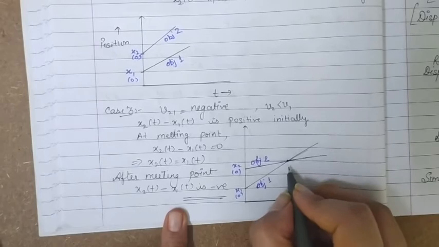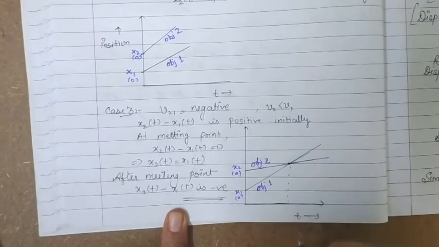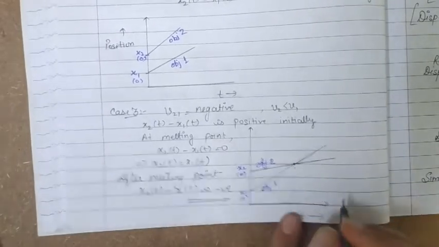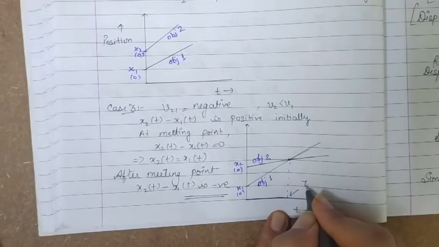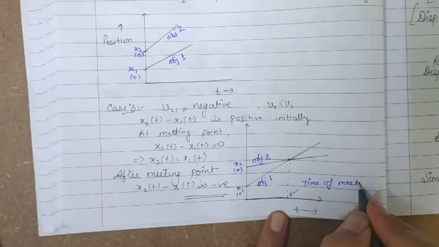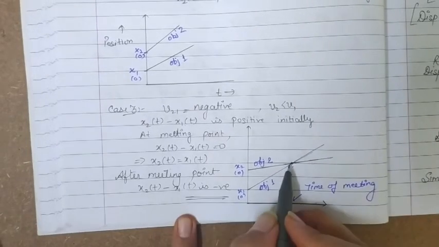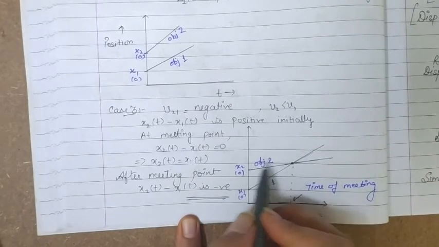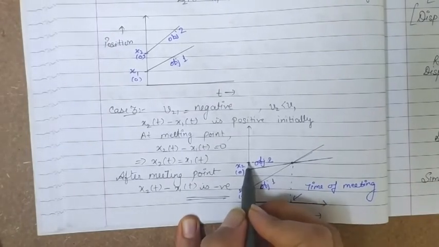This is the time t, which is the meeting point. So we call it the time of meeting. And at this point, this position is called the position of meeting.